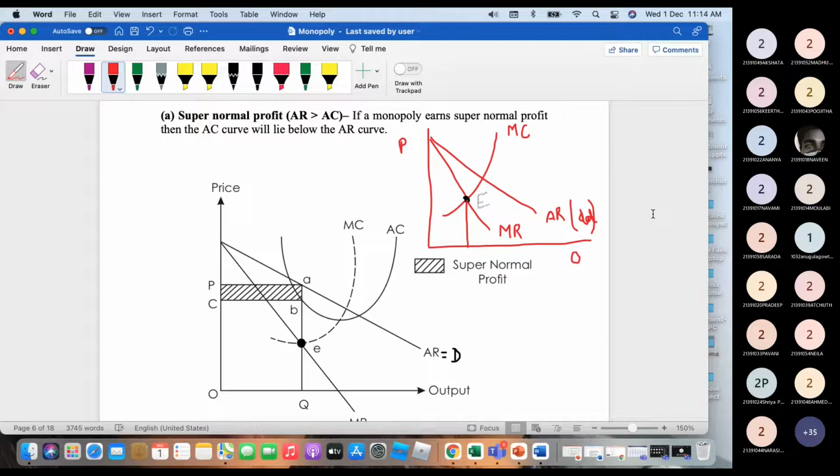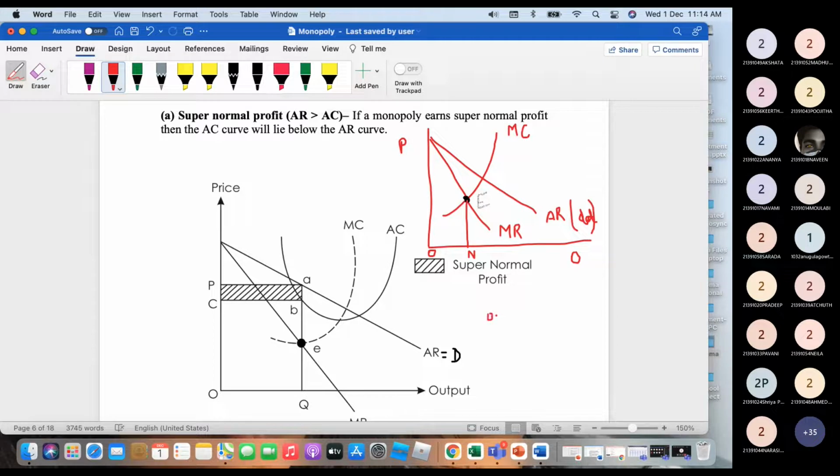Yes, from the equilibrium point, you are going to draw the line towards the output axis. And wherever it is touching the output axis, you will give a point as N, which means that the equilibrium point is helping us to find the equilibrium output.